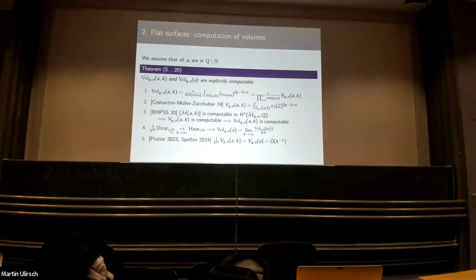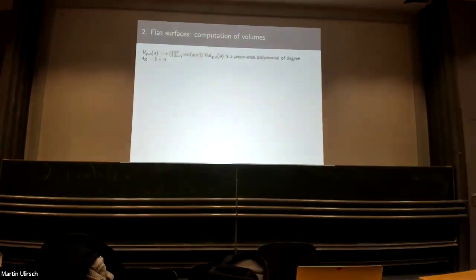That is that actually the class here grows like K to the 2G as K goes to infinity. Okay, it's another statement, but essentially what I'm using is the fact that this class will grow as something times K to the 2G. And then once you know it, you have to work a bit more, but then you can show that this thing will grow as K to the 2G as K goes to infinity. So it has a limit, Vgn of A, and so the limit is computed. Okay.